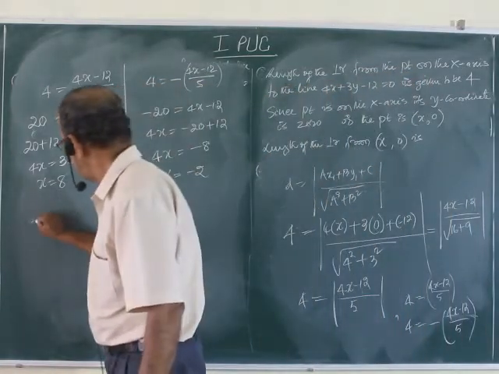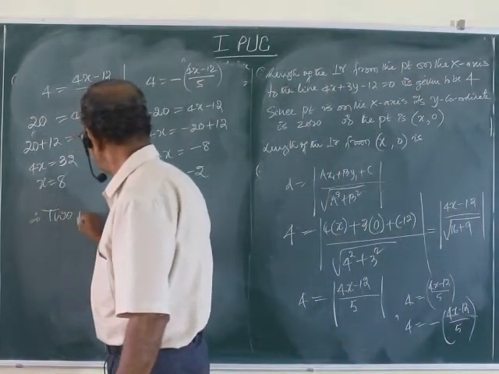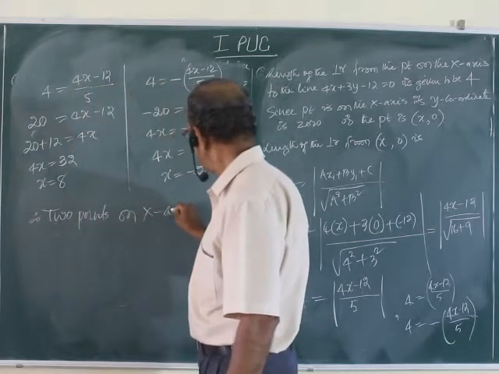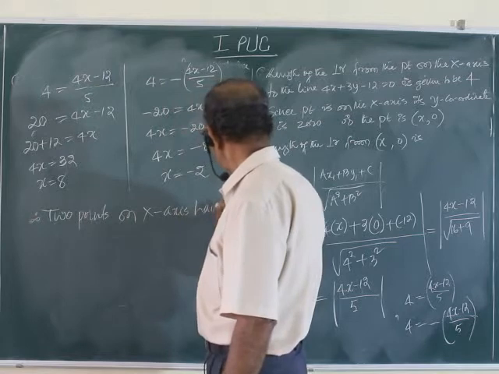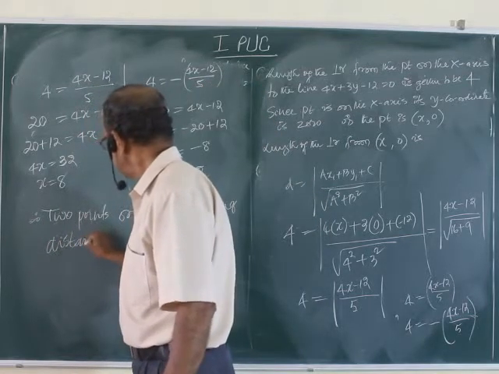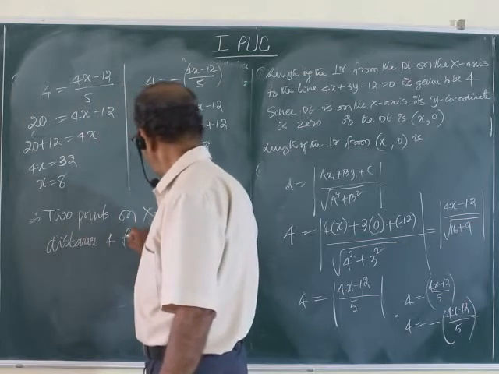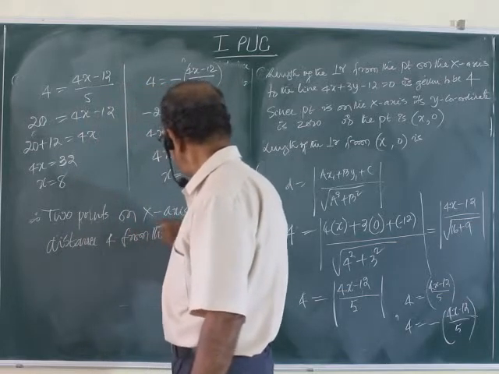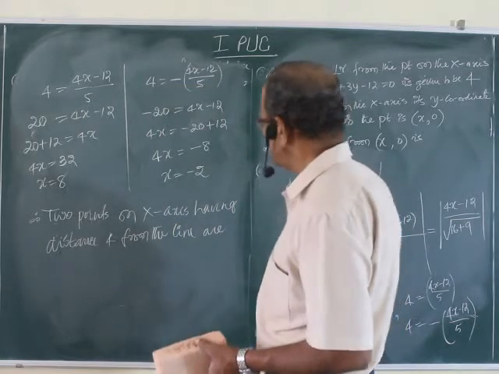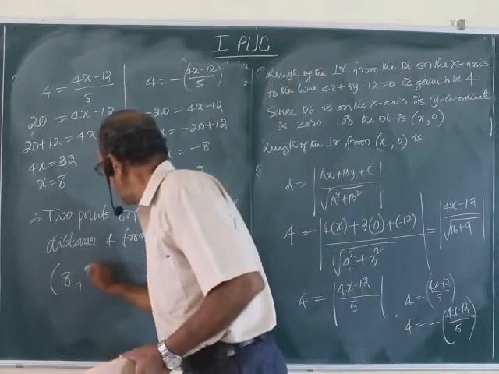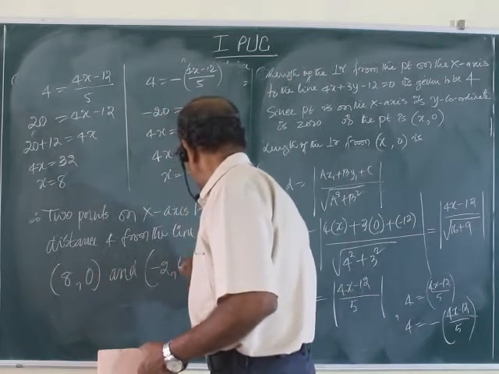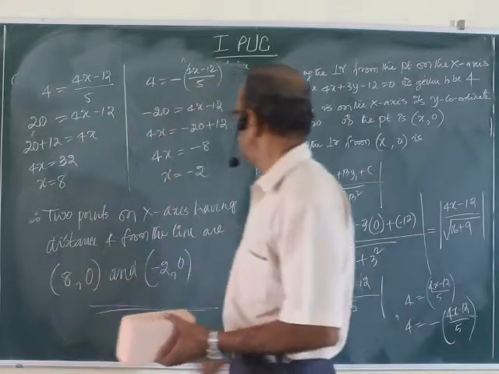Therefore, the 2 points on the x-axis having distance 4 from the line are, first one (8, 0) and another one (minus 2, 0). Have you got the idea clear?